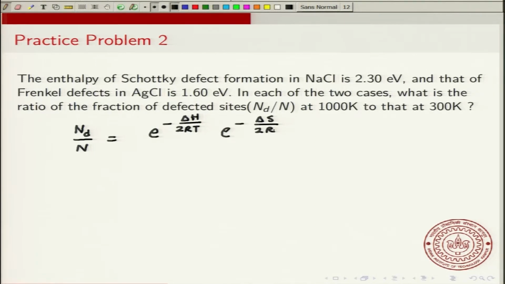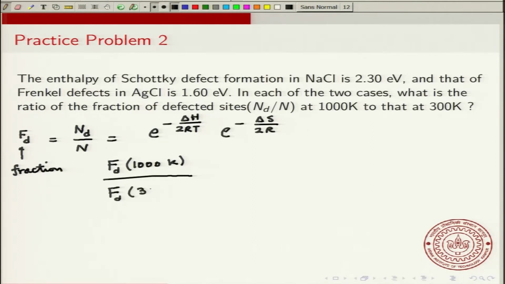Now let me call this FD, F stands for fraction. I'll just use this notation. Now what we have to calculate is FD at 1000 Kelvin divided by FD at 300 Kelvin.